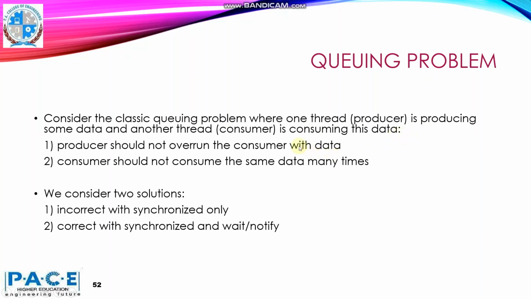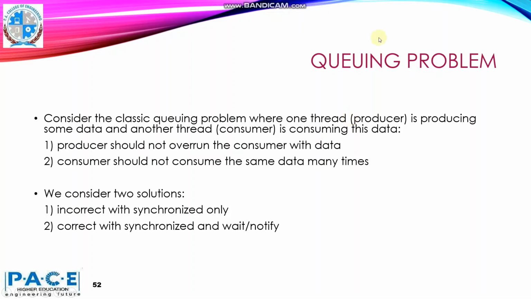The producer is producing data continuously and the consumer is consuming that data continuously.